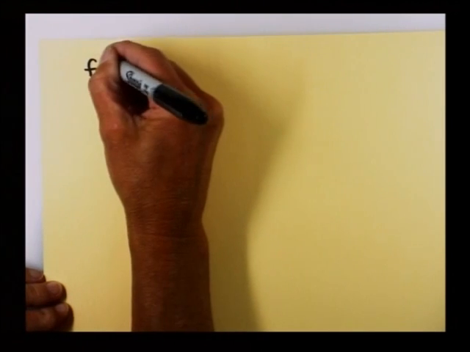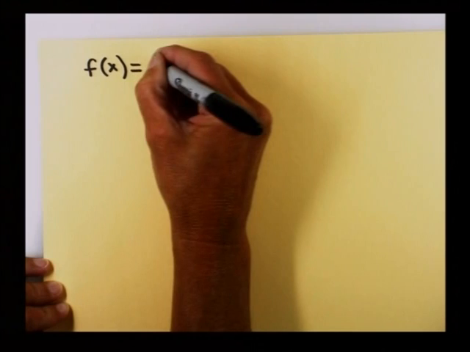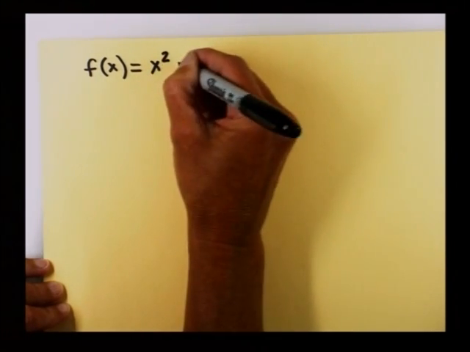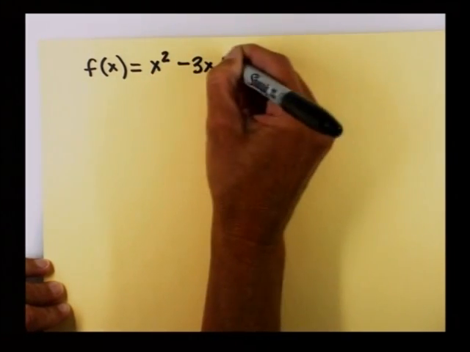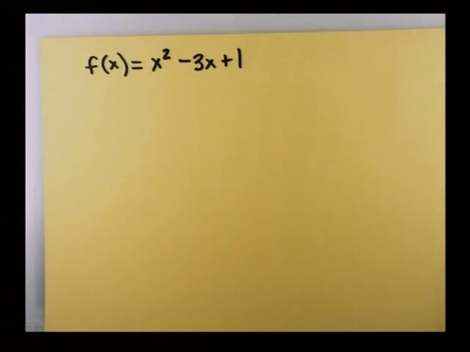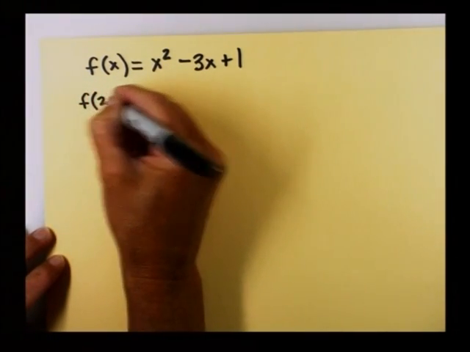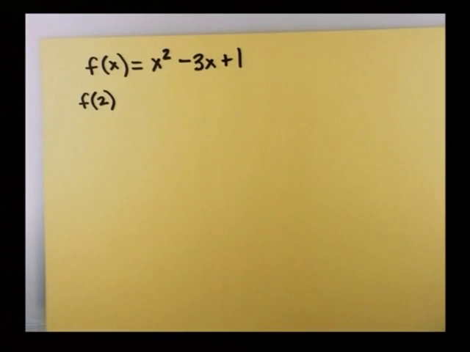Let's take a new function. We're going to reprogram our machine. So we'll take a quadratic function. And what we're going to do is show how to work in function notation without the picture and without the graph, just using our algebra.